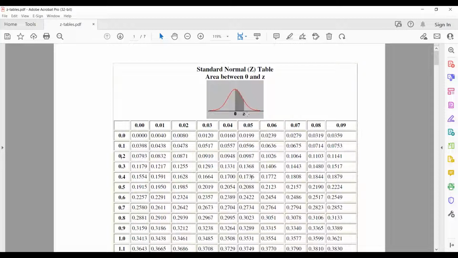Therefore, to find the area between small z and positive infinity, you have to say 0.5 minus the area that we get from the table, which is the area between 0 and z. That's what's going to give you the area between z and positive infinity. You go 0.5 minus the area given by the table. So that's how you use this table here, because it's a right tail table.